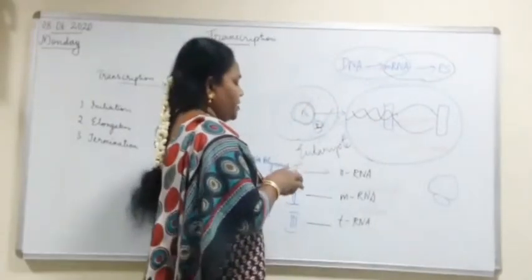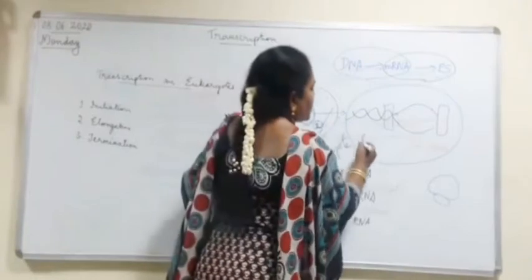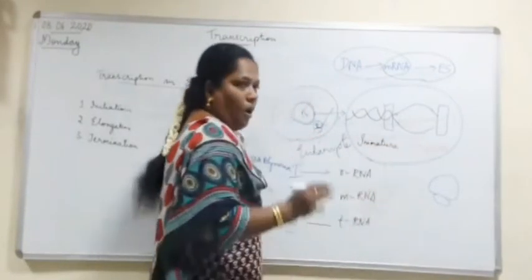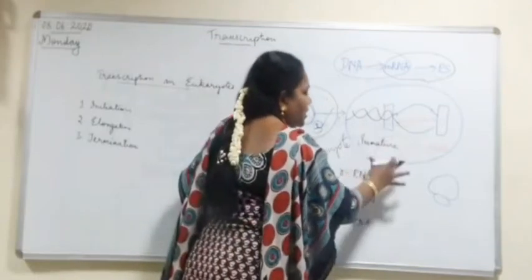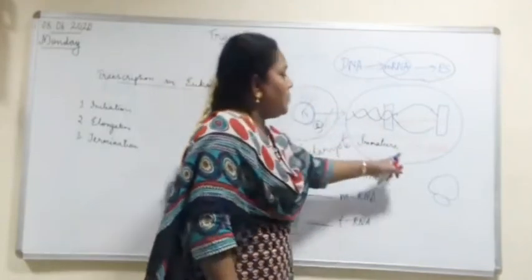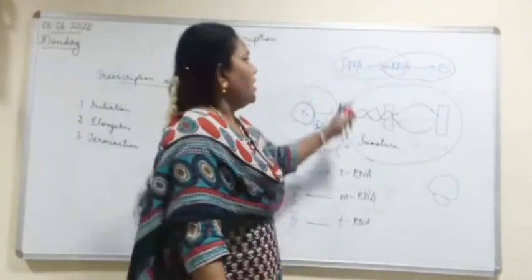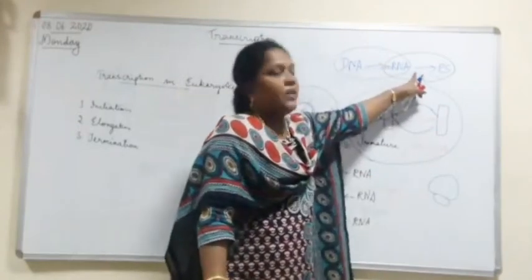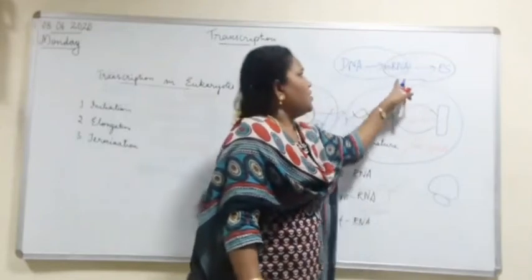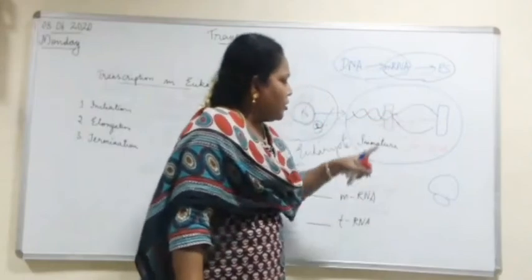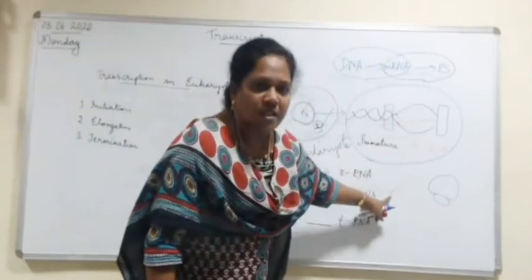Use the term immature or not a processed one. Immature mRNA, or you call it not a processed one. The mRNA inside the nucleus is not ready for the translation process. If it has to be ready, it should be a mature one. So once it is matured, it will come out of the nucleus. Can you understand the concept?